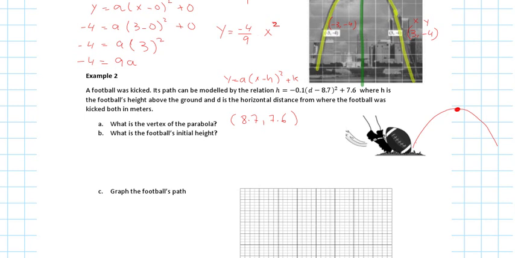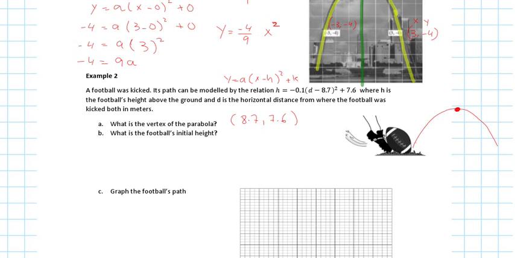Now, what is the football's initial height? How do I find that? By the step patterns? It's going to be harder to do it with a step pattern. Since it's in English, I guess it's when x equals 0.